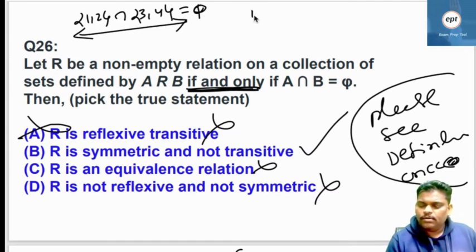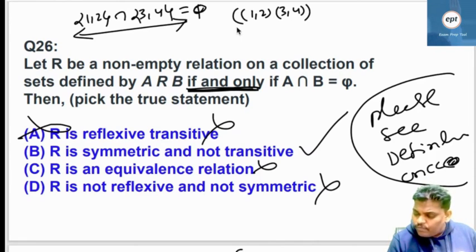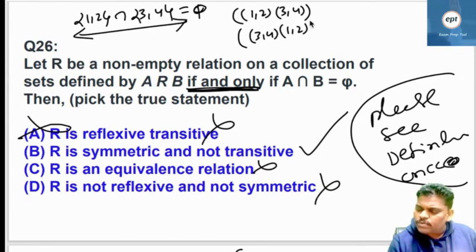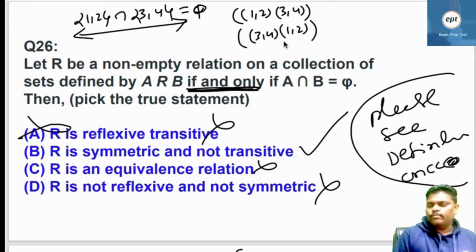So like this, {1,2},{3,4} is one set, because every pair is available. {3,4},{1,2} is also available. Every pair which satisfies that condition is available.